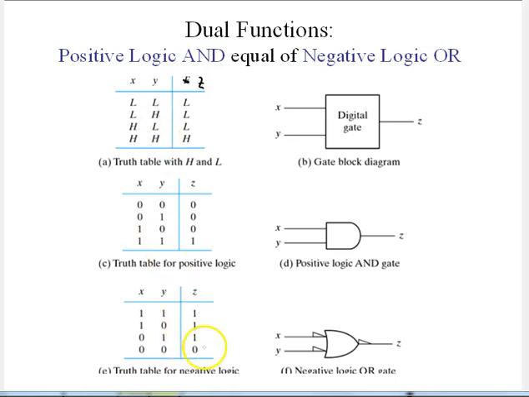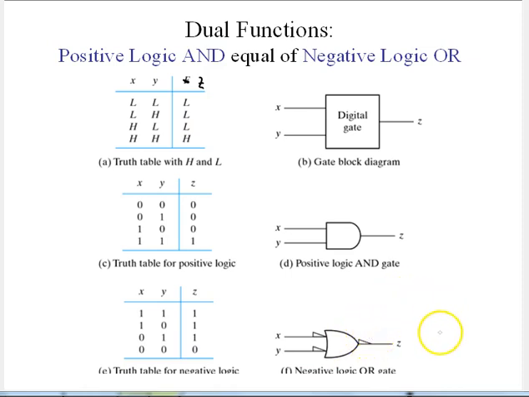And we see here what we end up with is an OR gate, right? It's in the reverse order, 0, 1, 2, 3 from bottom to up, but this is an OR gate. So this is a negative logic OR gate, and what we use to show that it's negative logic is these little triangles at each of the inputs and at each of the outputs.